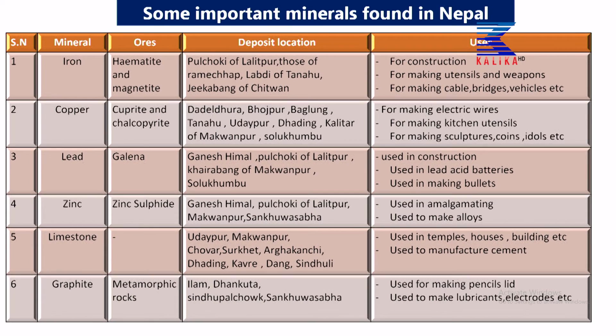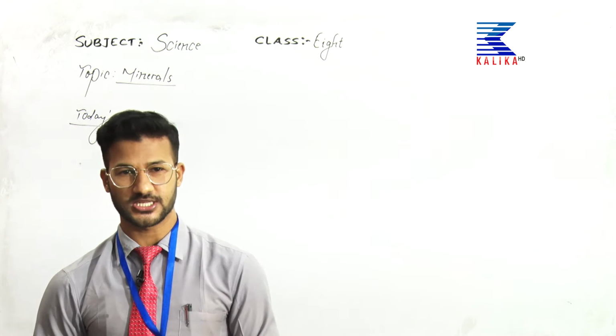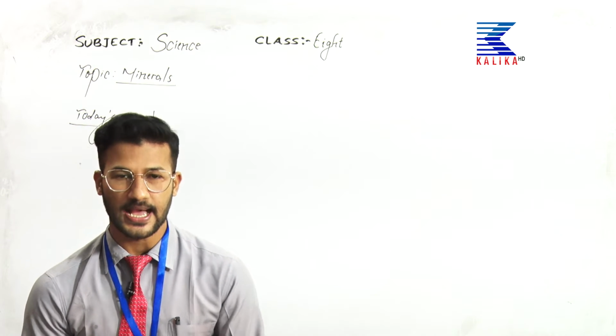Zinc is an important metal used in the amalgamating process. You must know what amalgamating is. Amalgamating is the process in which a coat of zinc is laminated or coated upon the surface of another metal which is prone to rusting, especially iron.